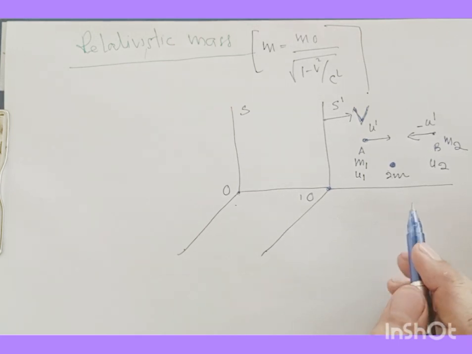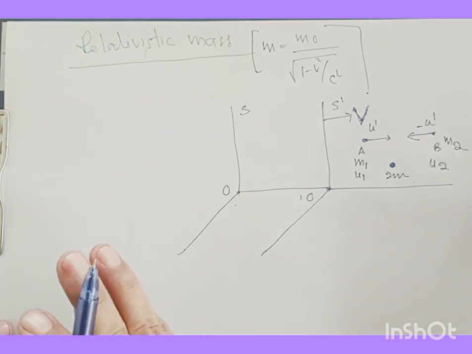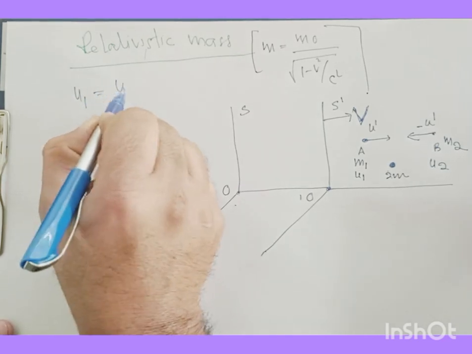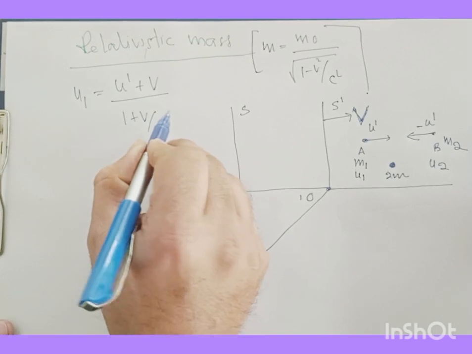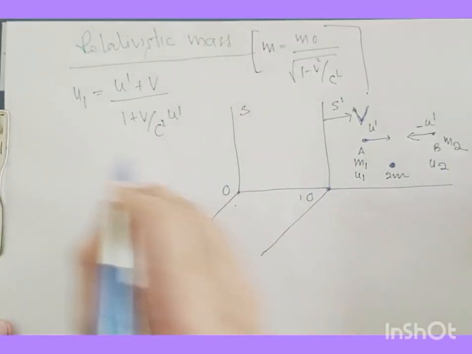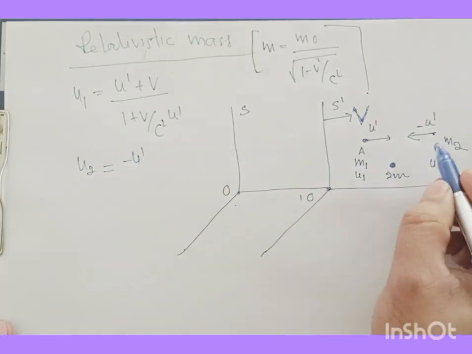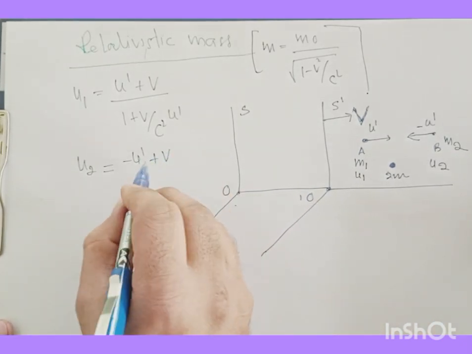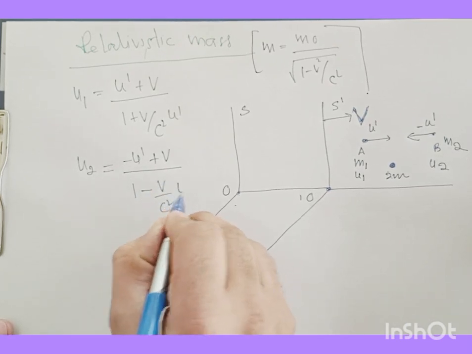Now let's use the transformation equations that we have already derived for velocities. Here, what will be u1? u1 will be u dash plus v by 1 plus v by c square u dash. And what will be u2? u2 is going to be minus u dash plus v by 1 minus v by c square u dash, because the motion is opposite.